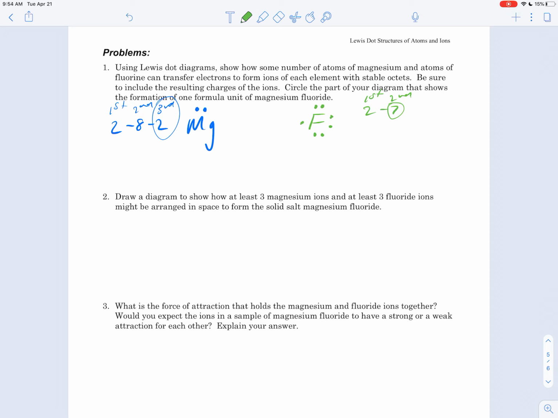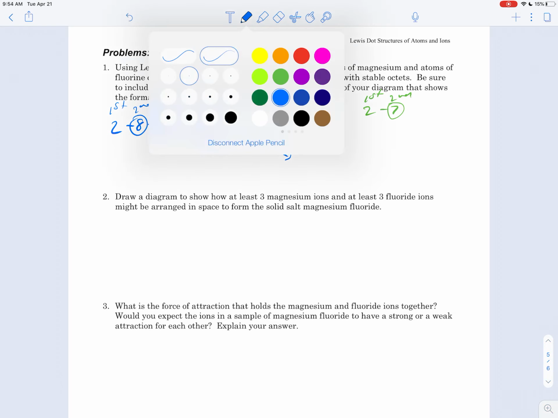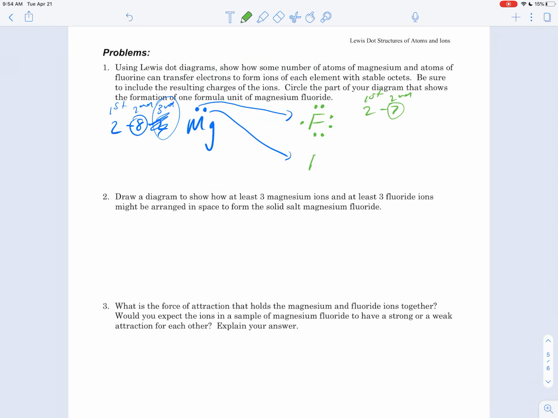And how are they going to get 8 valence electrons? Well, magnesium is going to lose its 2 valence electrons. Because if it loses those 2 valence electrons, the next level is going to have 8, and it will have achieved that magic number. So one electron is going to go to one fluorine atom, and the other electron is going to go to another fluorine atom.